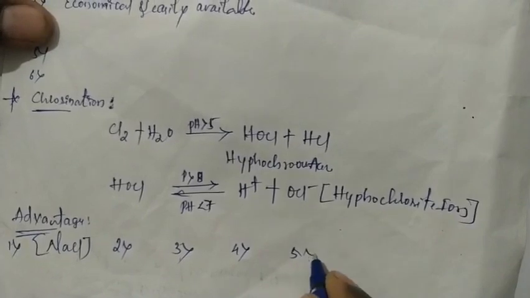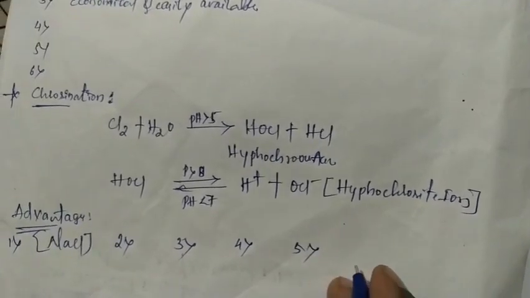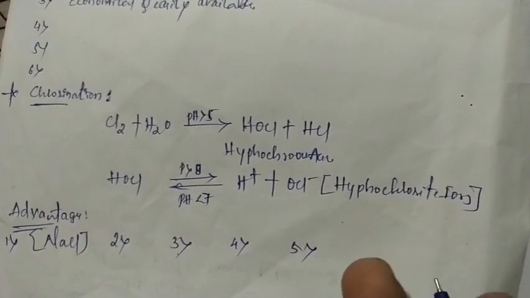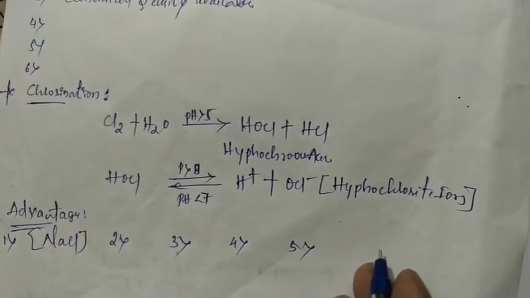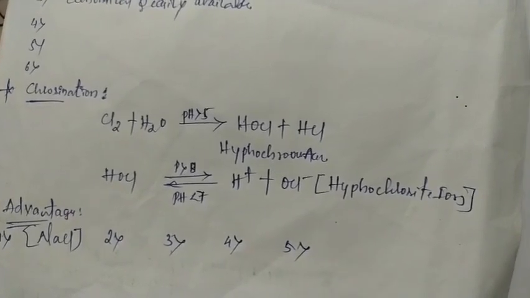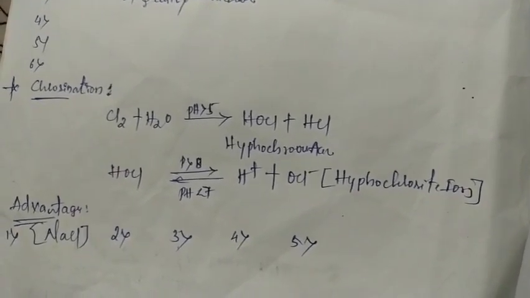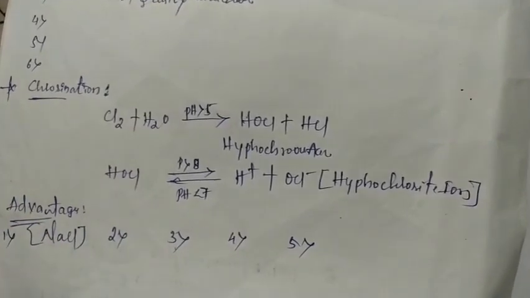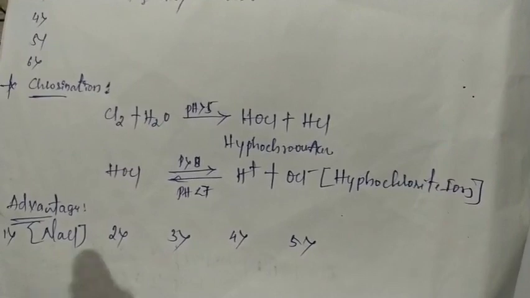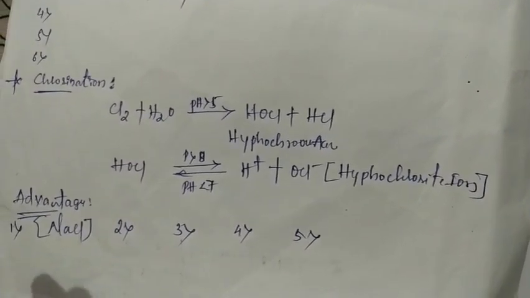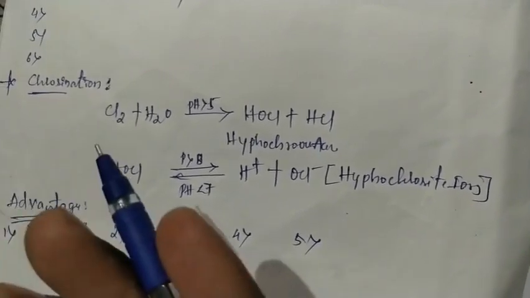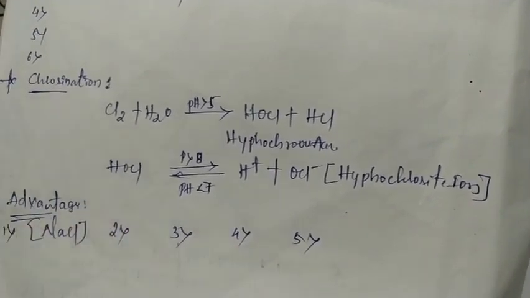And fifth, it doesn't form harmful constituents on reaction with organics or inorganics present in the water sample, meaning it is not harmful after the treatment of the water sample. So these are the advantages of using chlorine as a disinfectant in the water treatment plant. So this is chlorination. In the next video we will see the various forms and various doses of chlorine. Thank you.